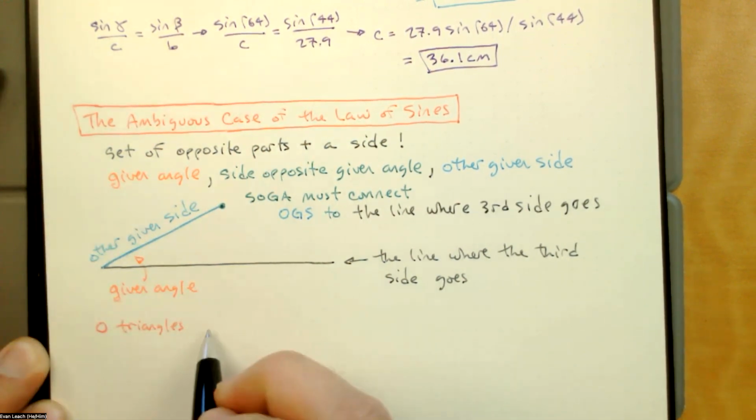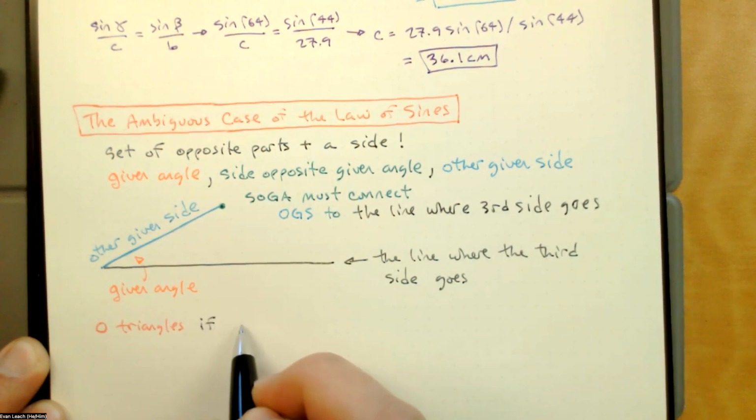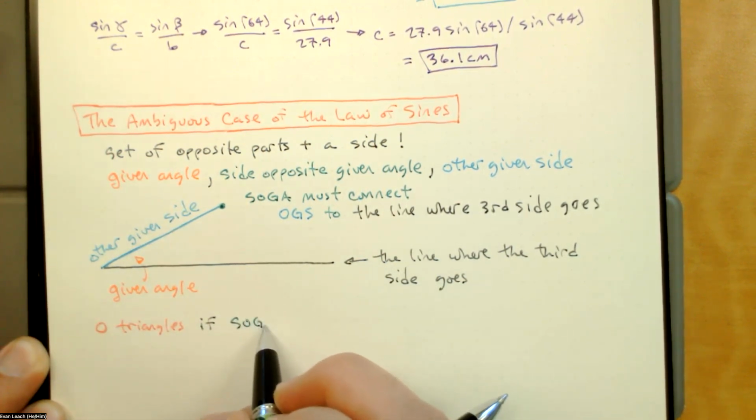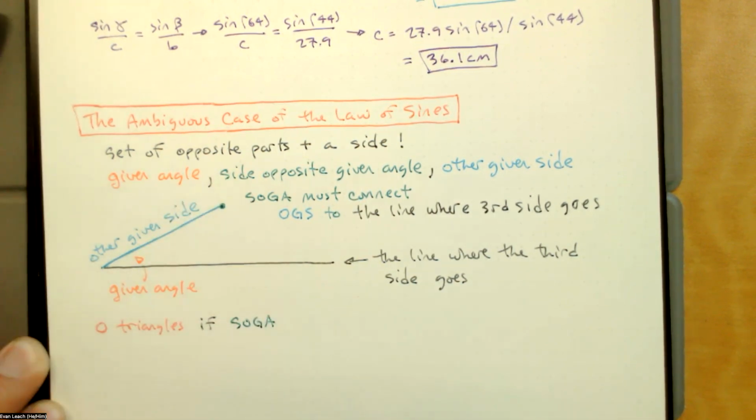So we get 0 triangles if the side opposite the given angle is less than the height.